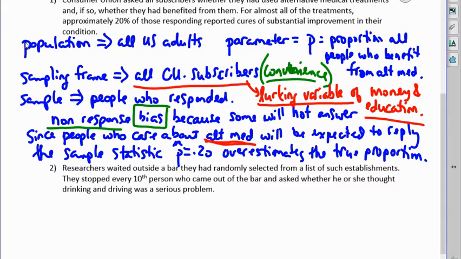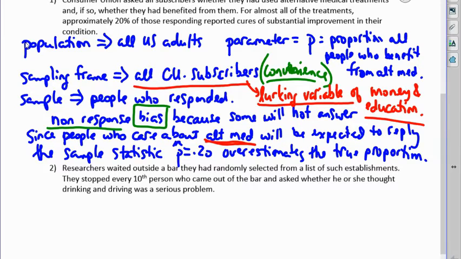Having more money would make having more alternative treatments more likely. So having more money would correspond to a positive association with having more alternative treatments.